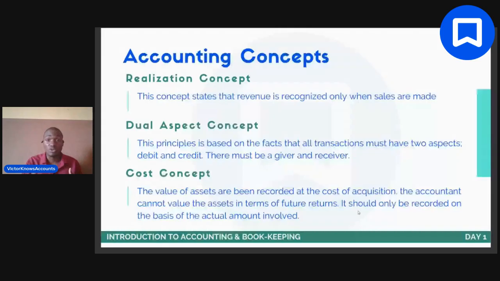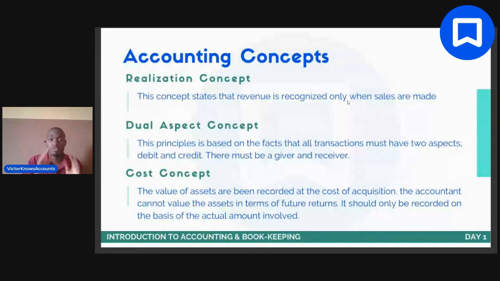If I stretch my hand to give you something, you must also stretch your hand to receive it. In that case, there is a giver and a receiver. Because of that, while recording transactions, you must also recognize the two aspects of that transaction, which is the perspective of the giver and the perspective of the receiver.